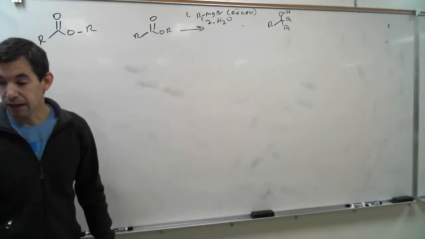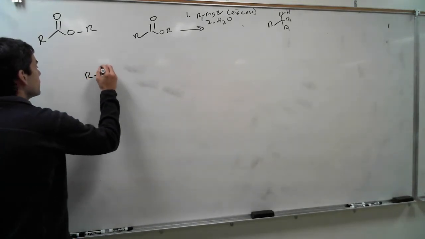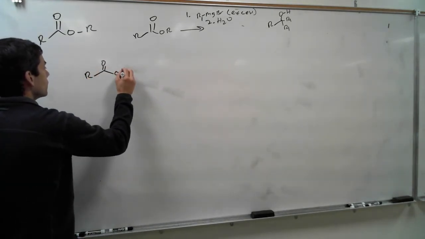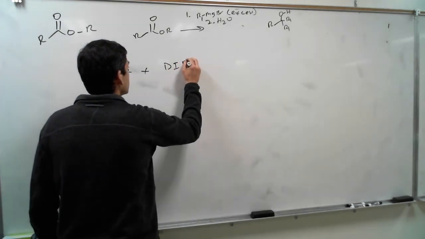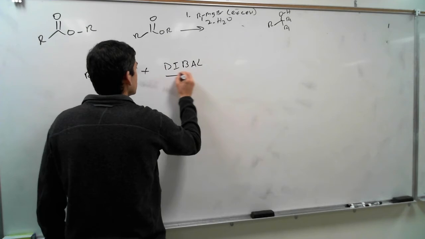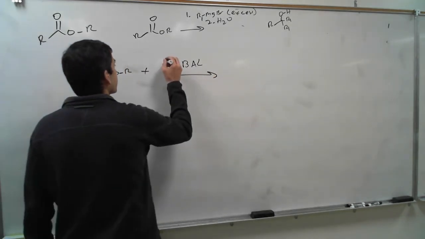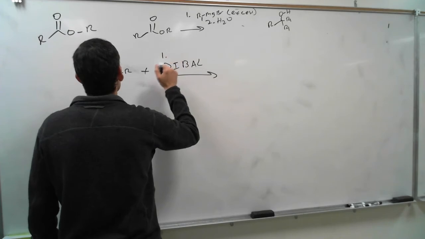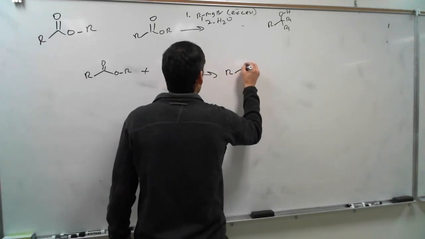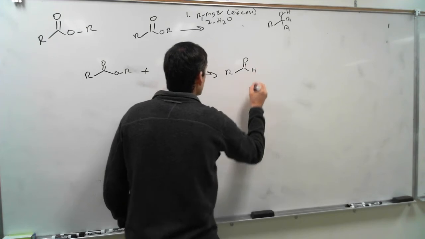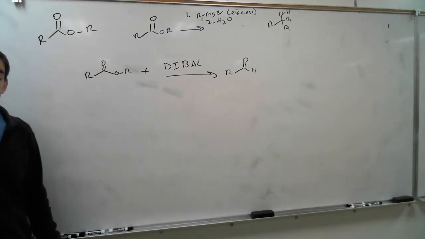Okay? But I do want to do one more reaction for you. If I take my ester and now react it with a new reagent, DIBAL. Okay, DIBAL with my reagent. We're actually going to take our ester and stop at an aldehyde, which is pretty nice.